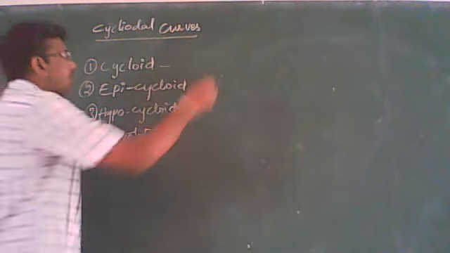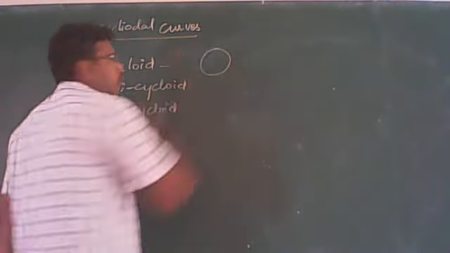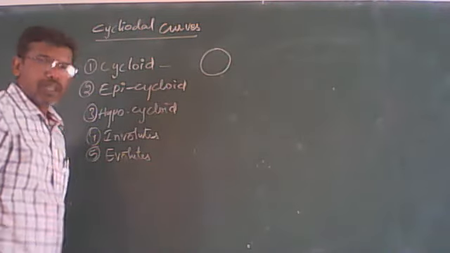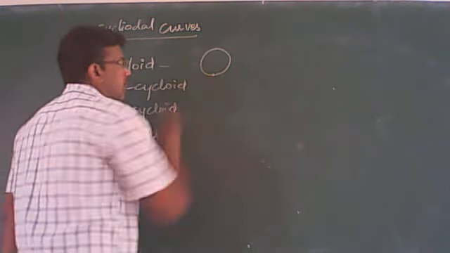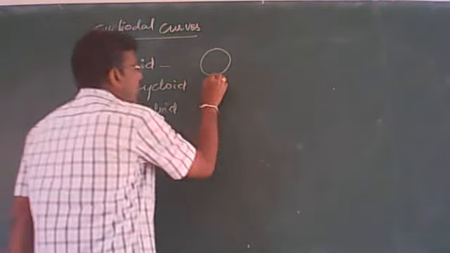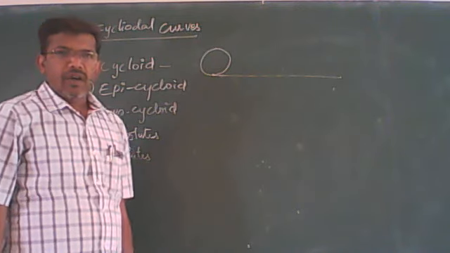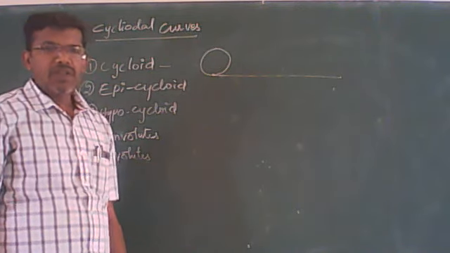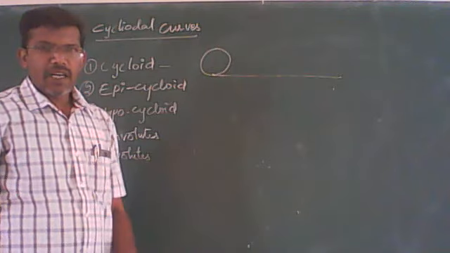So here, first of all, I'll draw a circle. Okay, this is a circle. Now I'll put a point at the bottom of the circle, and I'll draw a straight line here. Now I'll tell you the definition of a cycloid. Please listen clearly.